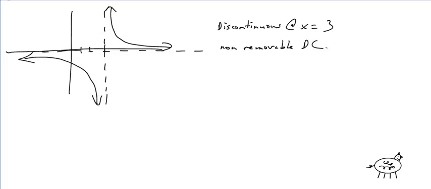I'll write DC. And we also call this an infinite discontinuity. This is just another name. Again, non-removable is more of a generic term. Infinite is the actual type of discontinuity. So it's an infinite discontinuity, because basically we're talking about an asymptote.